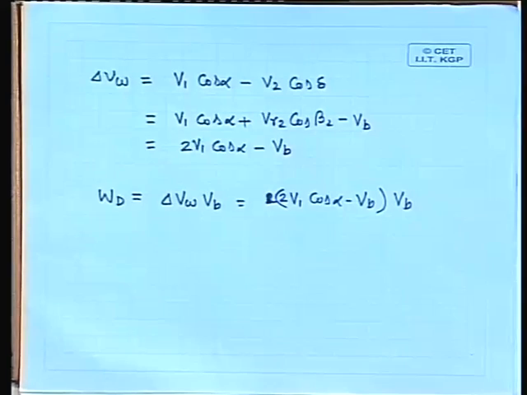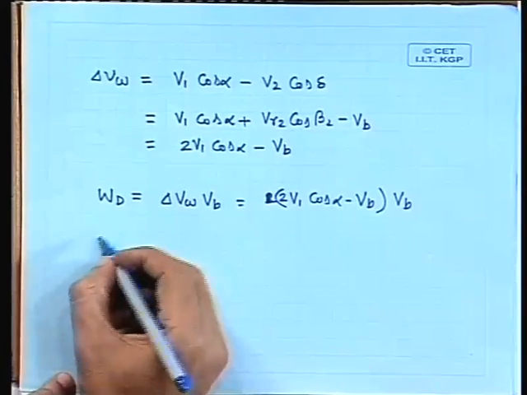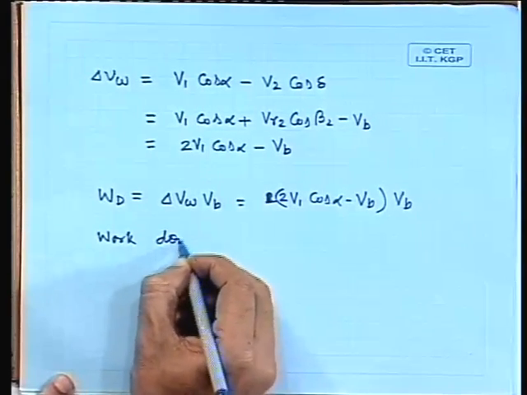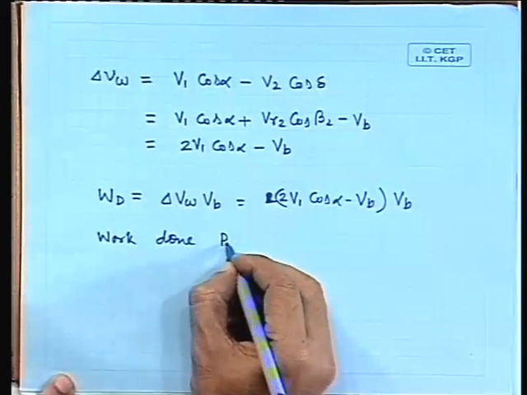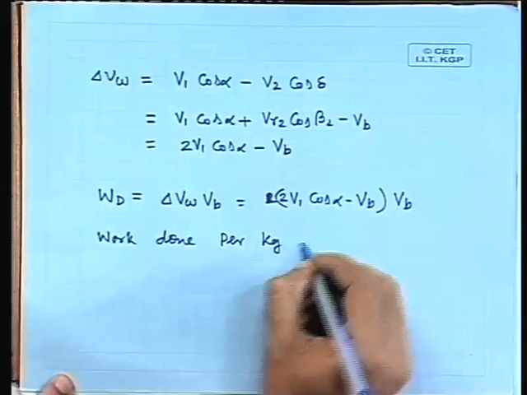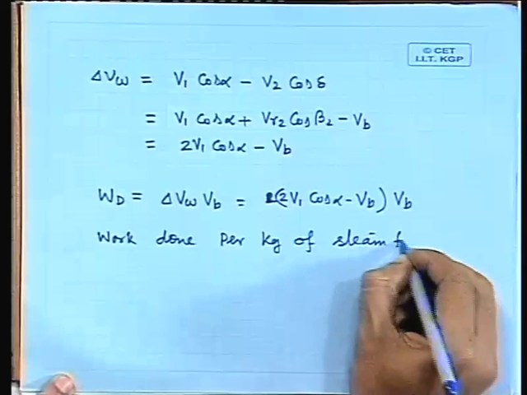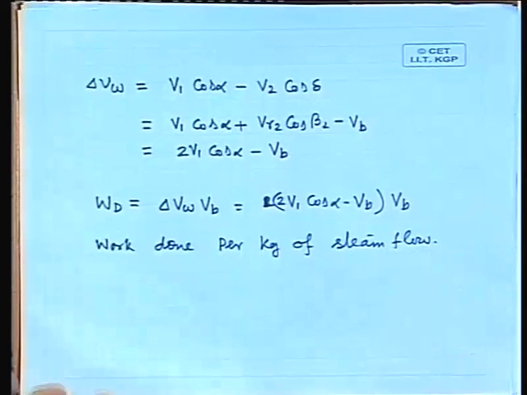All right. So, this is work done per kg of steam flow. Similarly, we can determine what is the energy input to the blades per kg of steam.